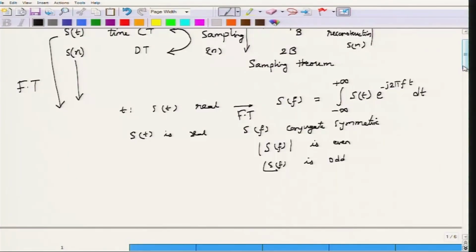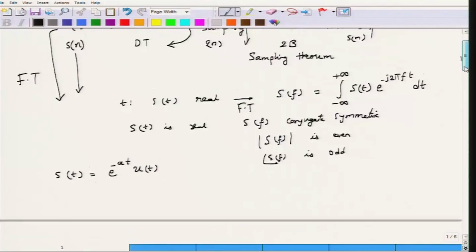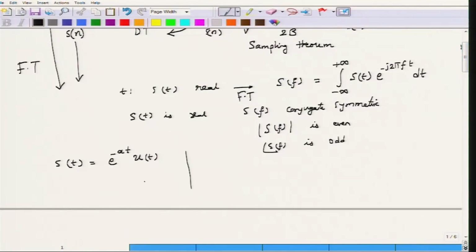This is how you can obtain the frequency domain representation of a signal. Okay. As an example, consider S of t to be an exponential function, say e to the power minus a t u of t. Okay. E to the power minus a t is an exponential function. If you were to simply plot that function, what you would see is that at t equal to 0 this would be 1 and then it would be decaying like this.